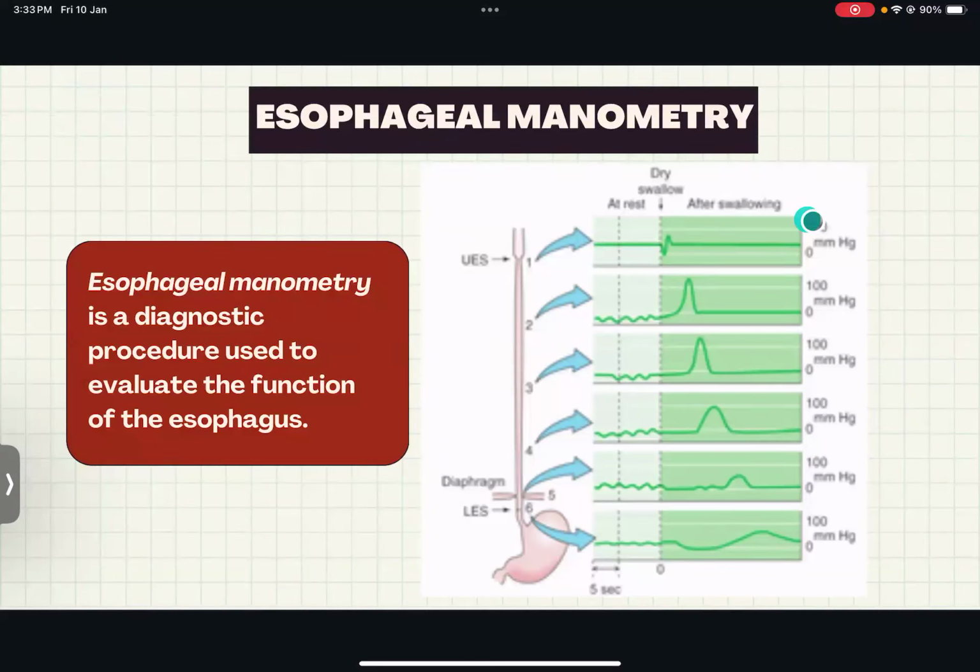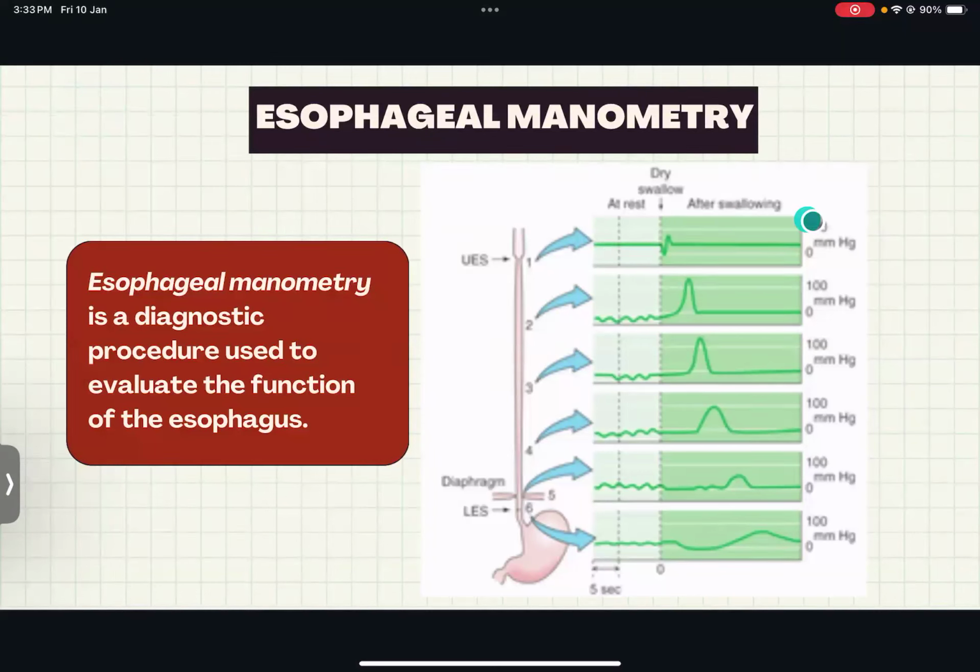And then the pressure goes back up as the LES closes back and the bolus has entered the stomach. Okay, makes sense. You can also visualize this here because, as we said, when the esophageal sphincter closes up, that means the pressure goes up. I really hope this makes sense.